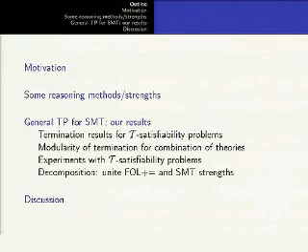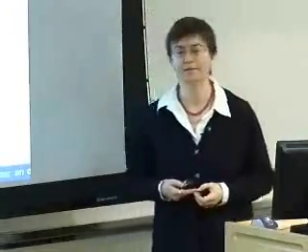I'll start with some motivation, then I'll enumerate some of the major reasoning methods that have been studied and some of what seems to be their strengths, because different methods are good for different things and none of them is good for all. And then I'll give the overview of the results we have obtained, myself and many others, on applying generic theorem proving to satisfiability modulo theories problems.